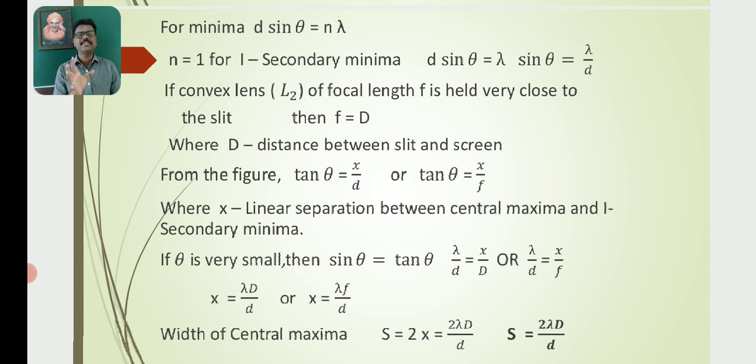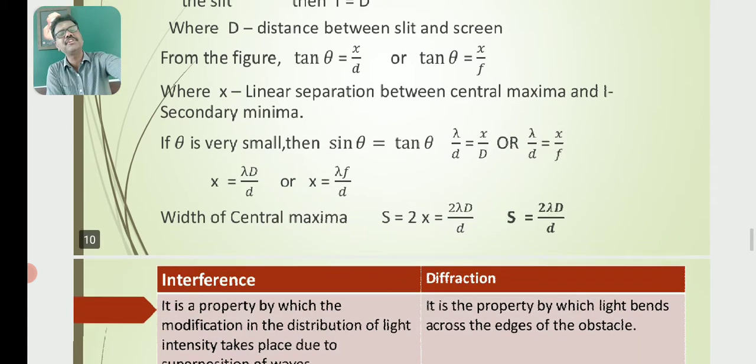The width of the central maxima, say s, is equal to 2x, which is equal to 2 lambda f by d. So this is the expression for the width of the central primary maximum in the diffraction pattern.